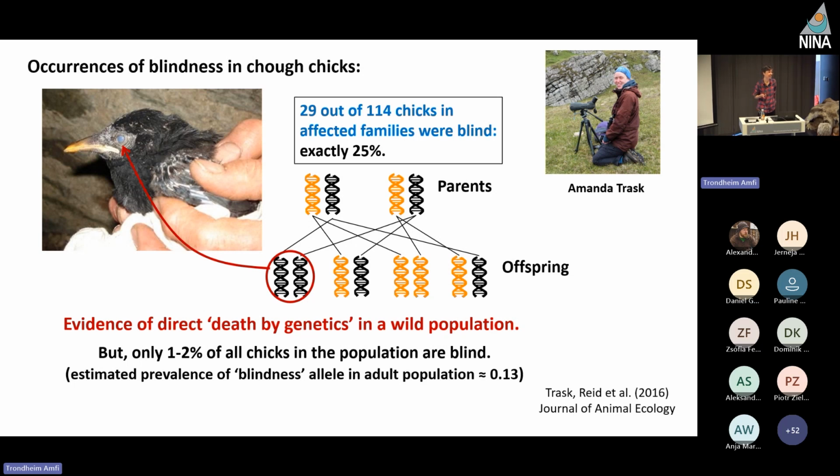I asked this question because, for example, this to me is a very deleterious phenotype in the field, but they still keep it at 0.13 frequency, which is really high.